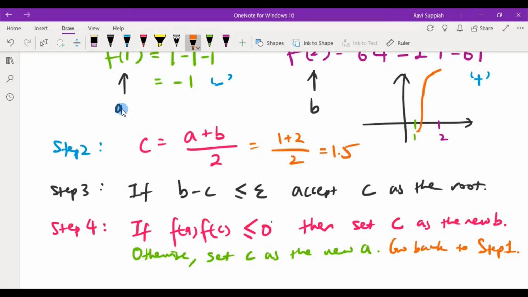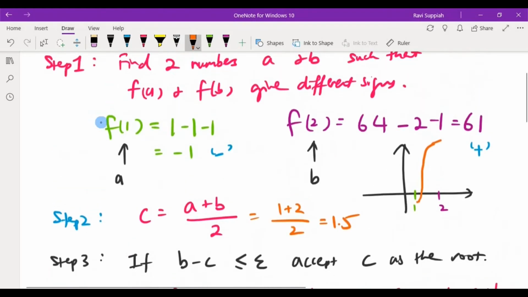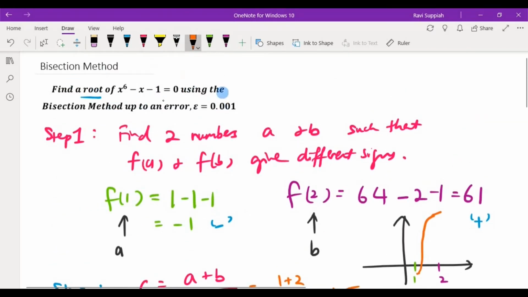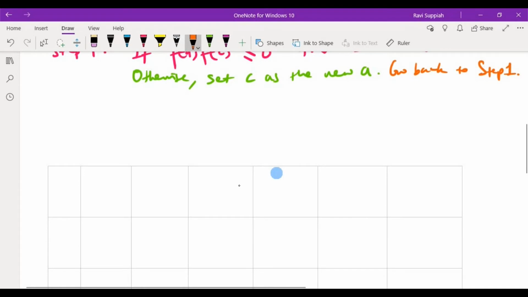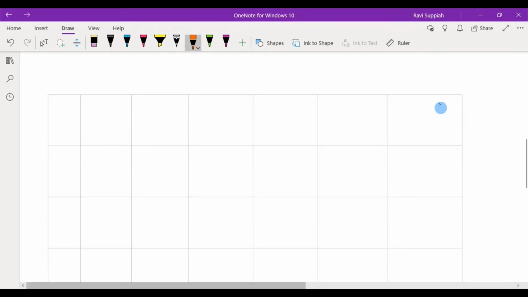So these are the steps that we need to do. Now let me go through these steps for this question over here, and you can see how we are actually applying these steps to solve the problem. To do this question using the bisection method, you need to have a table. I've already drawn out a table here.